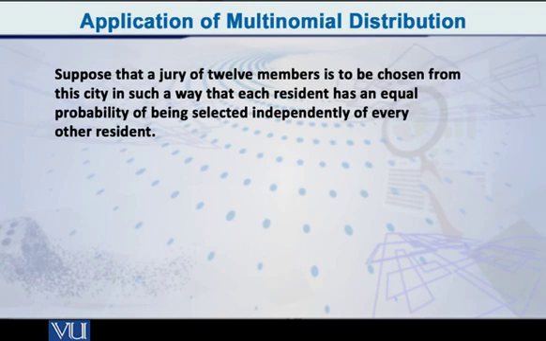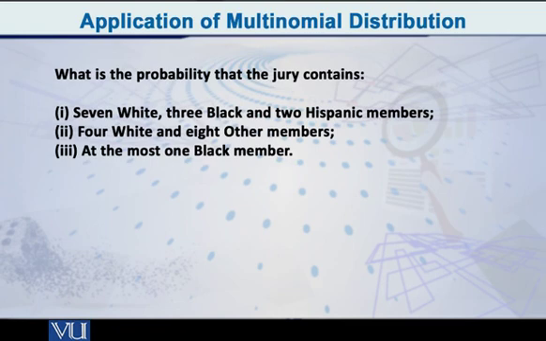Suppose that a jury of 12 members is to be chosen from this city in such a way that each resident has an equal probability of being selected independently of every other resident. So if this is the situation, then I have three questions here.